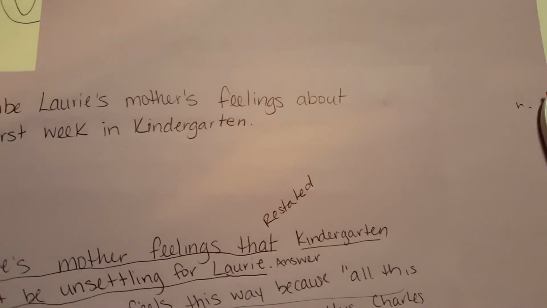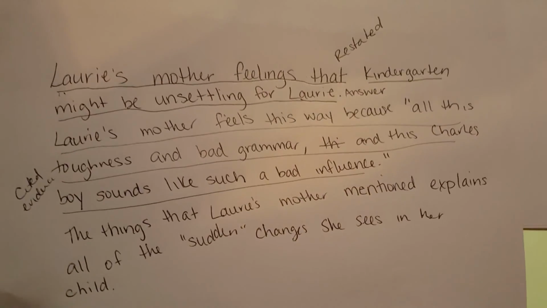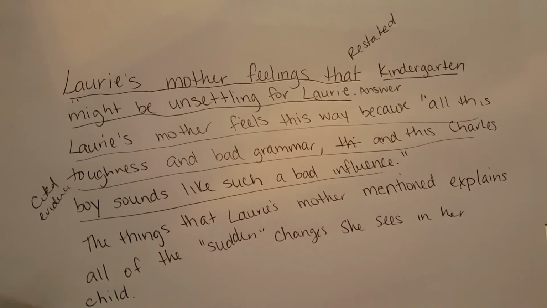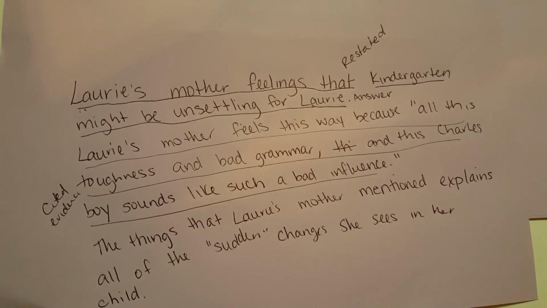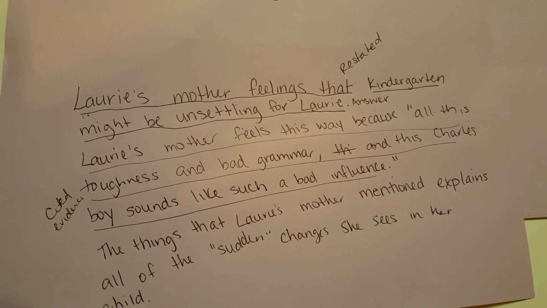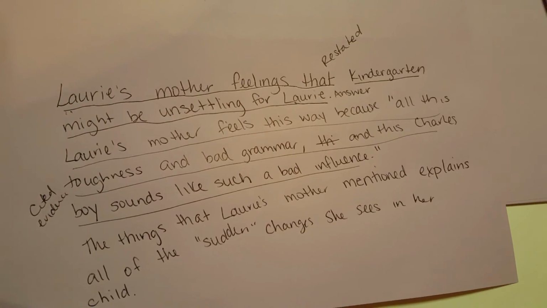So let's go through it one more time. So the question was, based on evidence, describe Lori's mother's feelings about his first week of kindergarten. What does she say to let you know she feels this way? Lori's mother feels that kindergarten might be unsettling for Lori. Lori's mother feels this way because all the toughness and bad grammar and this Charles boy sounds like such a bad influence.